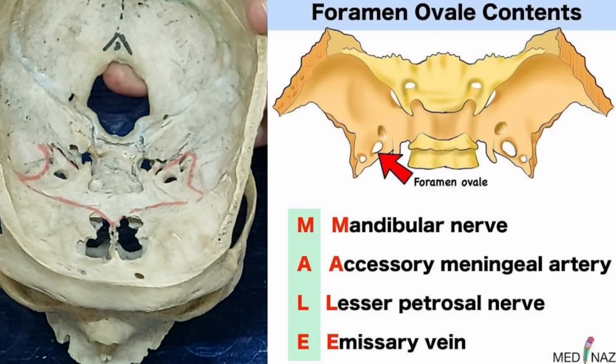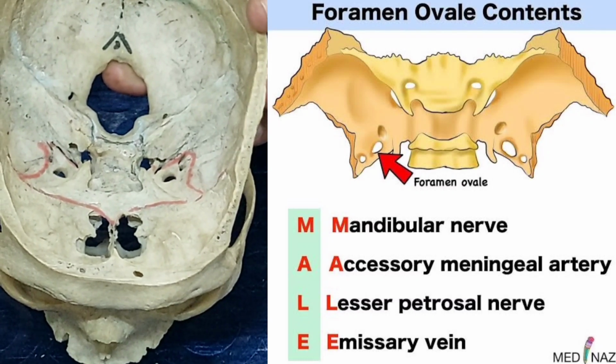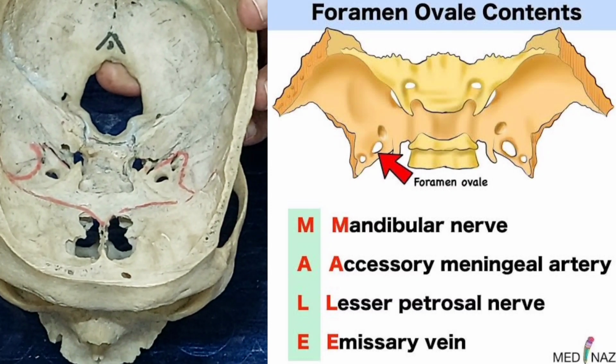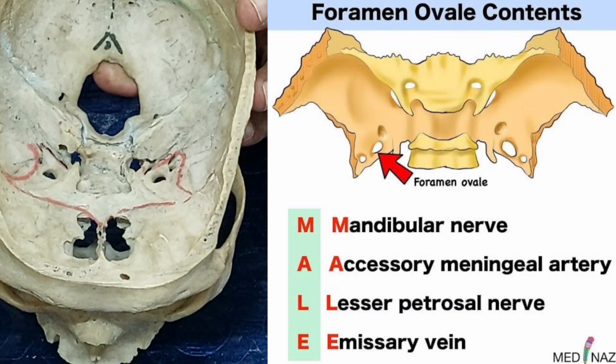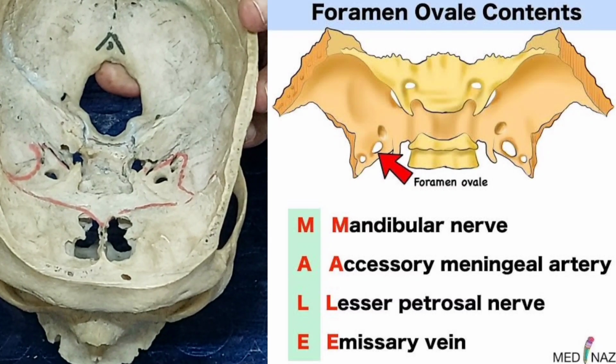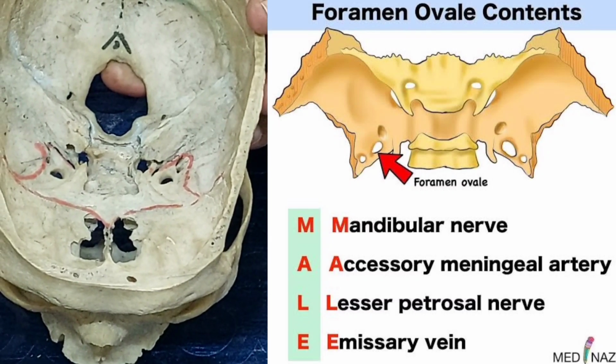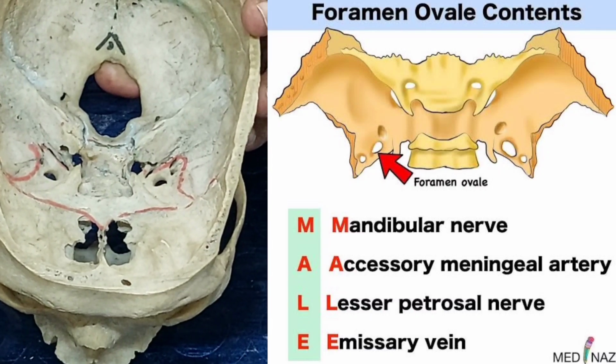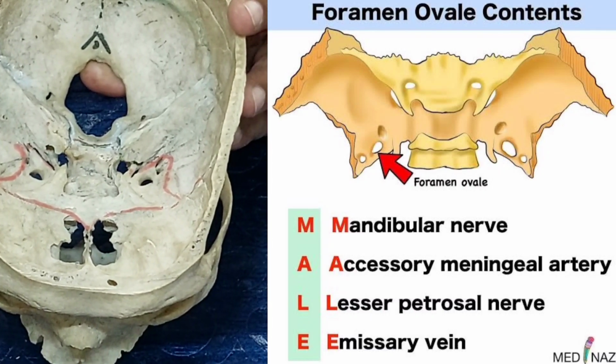So the mandibular nerve has two components, sensory and motor, and both pass through the foramen ovale. Then another important nerve is the lesser superficial petrosal nerve and one artery, that is the accessory meningeal artery, and two veins. One is the anterior trunk of the middle meningeal vein and emissary veins.